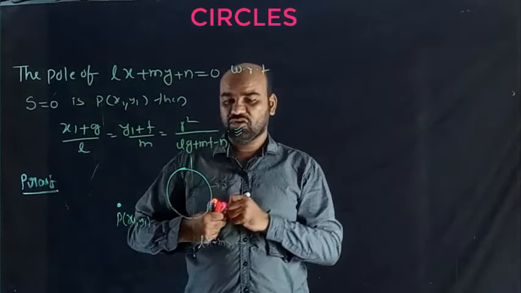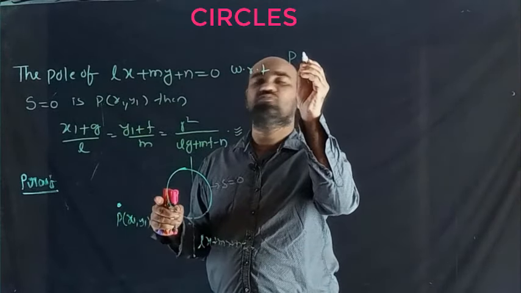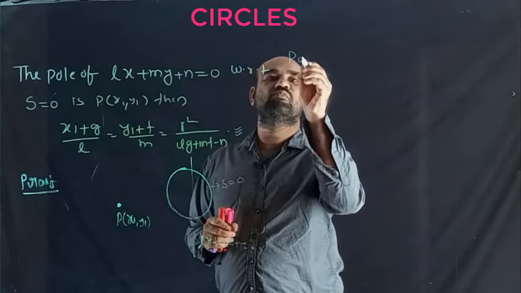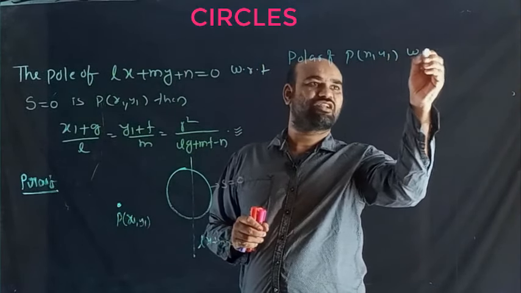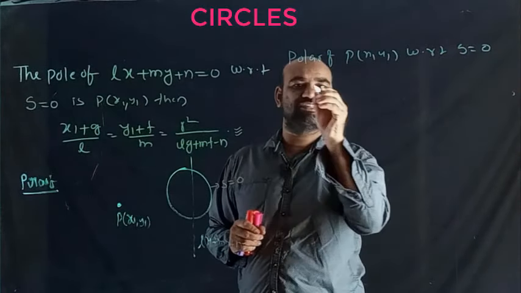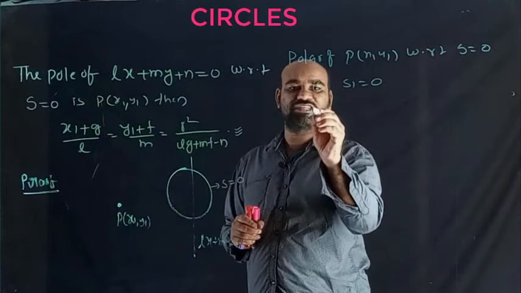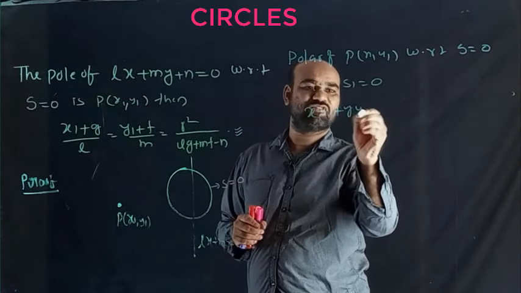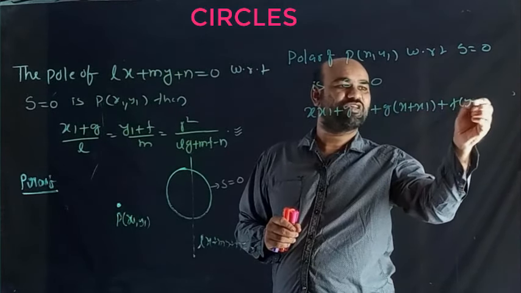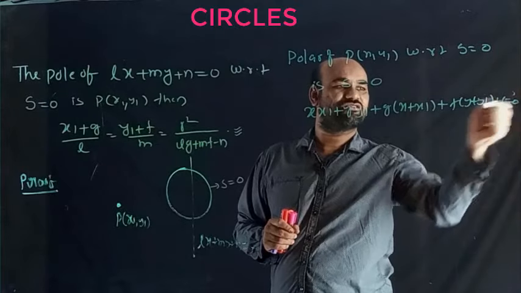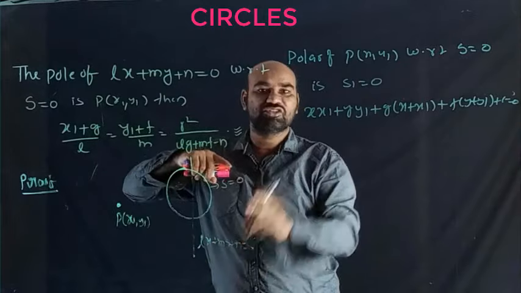Now directly you know how to find the polar of P. The polar of P(x1, y1) with respect to S equal to 0 is S1 equal to 0 only, already discussed. That is xx1 plus yy1 plus g times (x plus x1) plus f times (y plus y1) plus c equal to 0. This is the polar. Already the polar is given as Lx plus My plus N equal to 0. These two are identical lines.